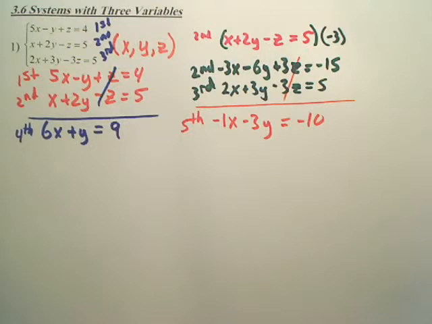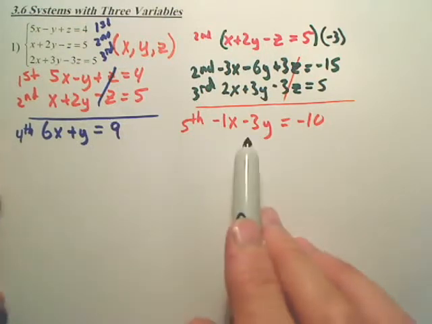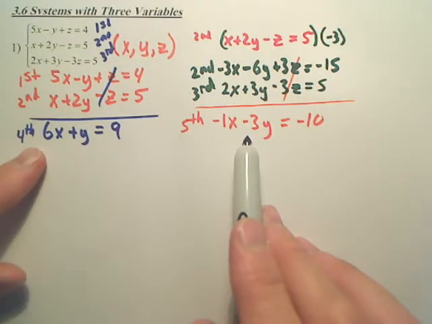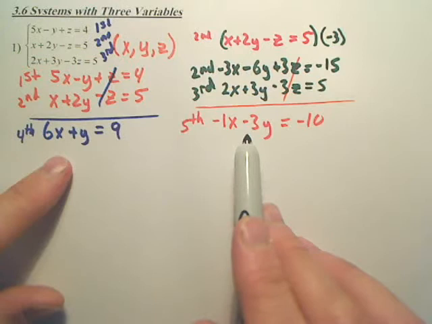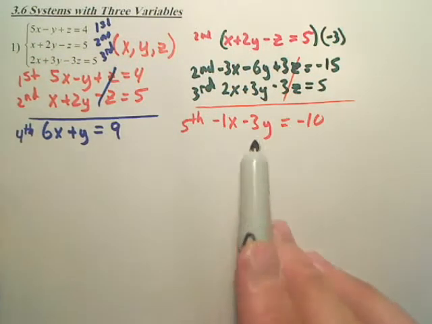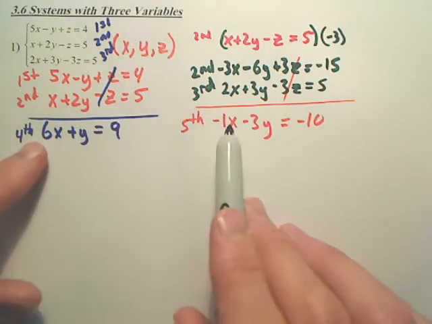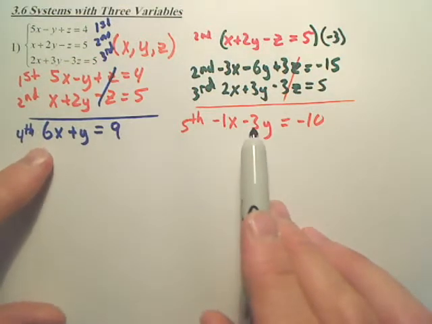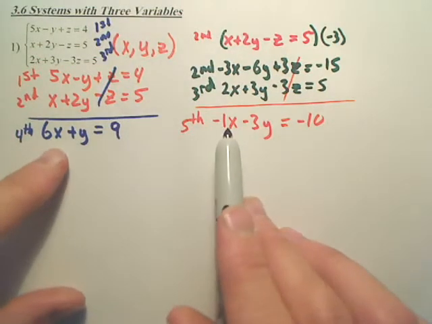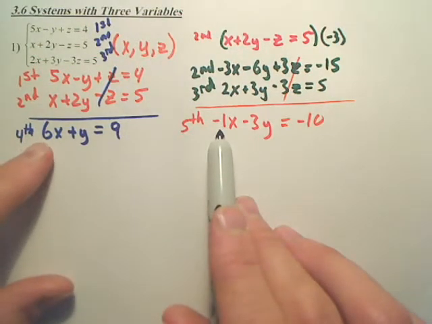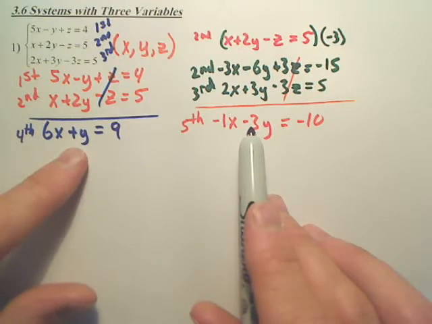Okay, do I have x, y, or z yet? No. But looking at these two, I can find x and y, can't I? Isn't that a system of equations with two variables? So now we go back to our original method. I need to multiply one of these by something so that I can cancel. We have a negative 1 and a 6, or a negative 3 and a 1.